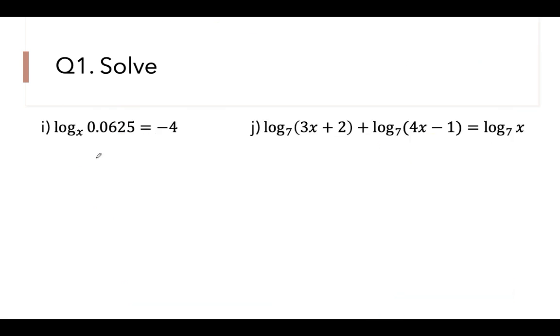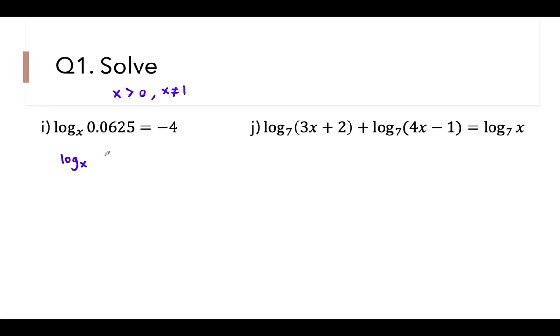Letter I. So we know that it's a base, so x has to be greater than 0, and the base cannot be equal to 1. That's my domain restriction. What I will do is change this decimal into a fraction.